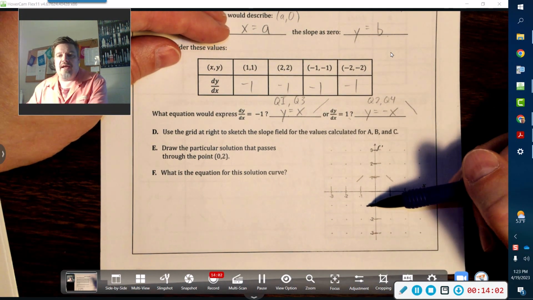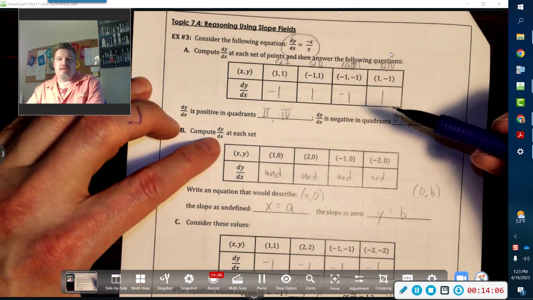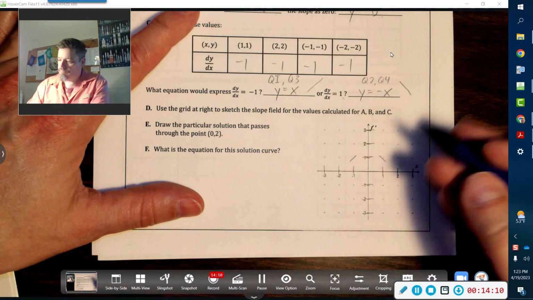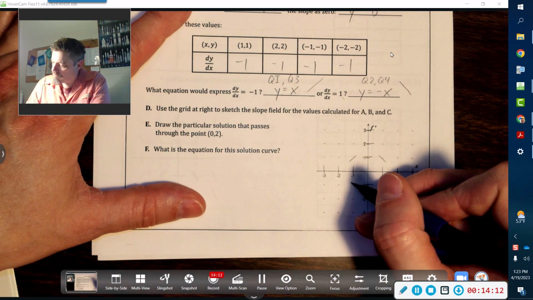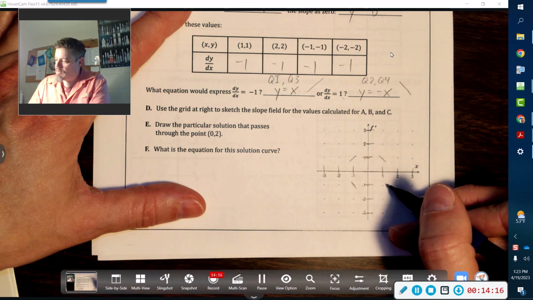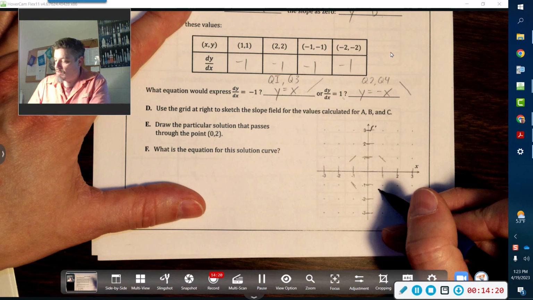If we got -1, -1, do we have that? -1, -1 is actually -1. And then 1, -1 is actually positive.